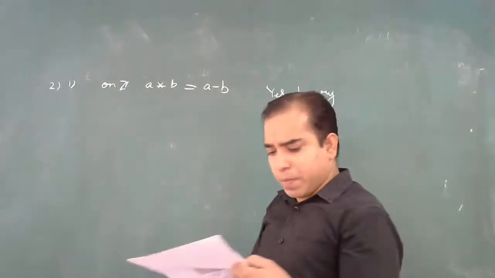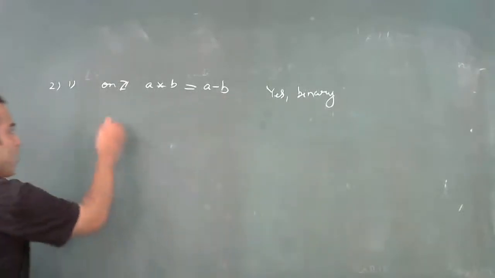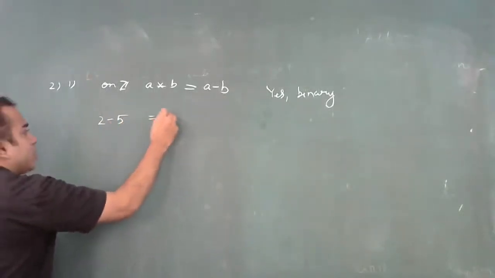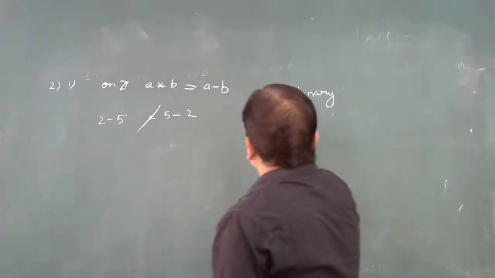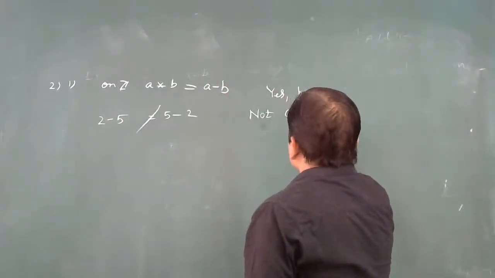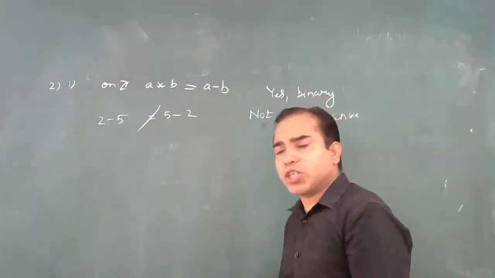Then check whether it is commutative. Is 2 minus 5 the same as 5 minus 2? No. Not commutative. Correct. What about associativity?